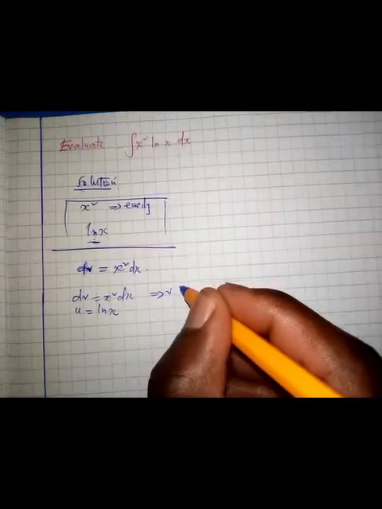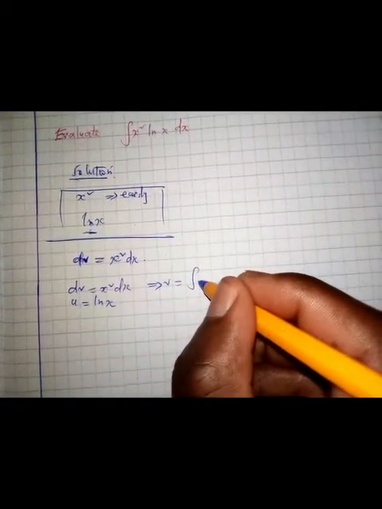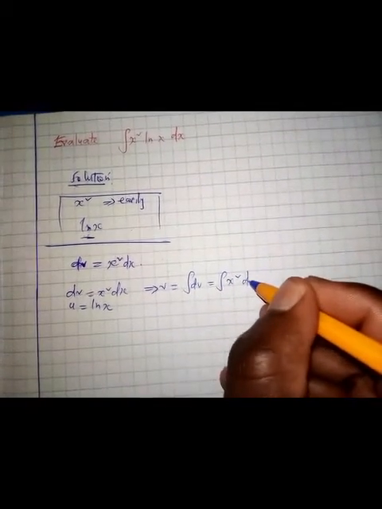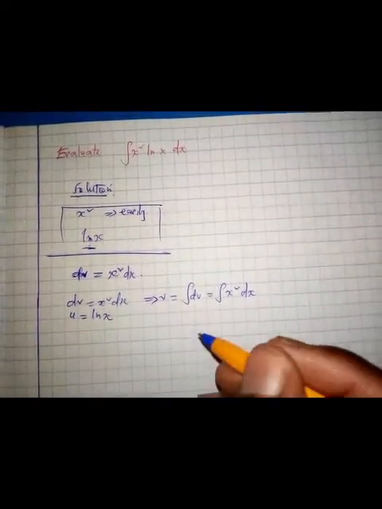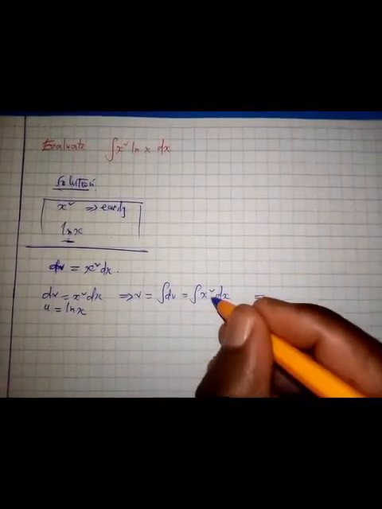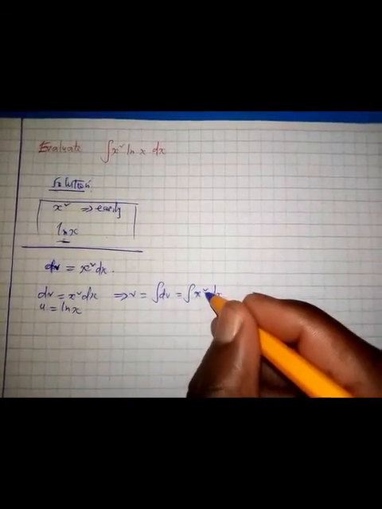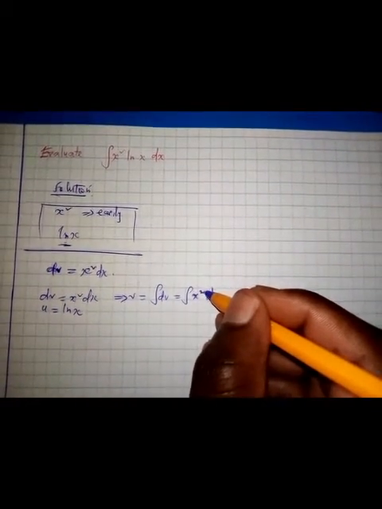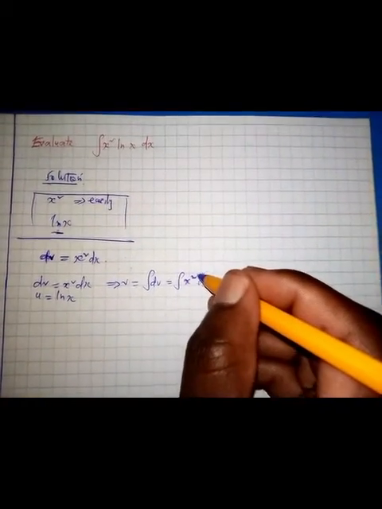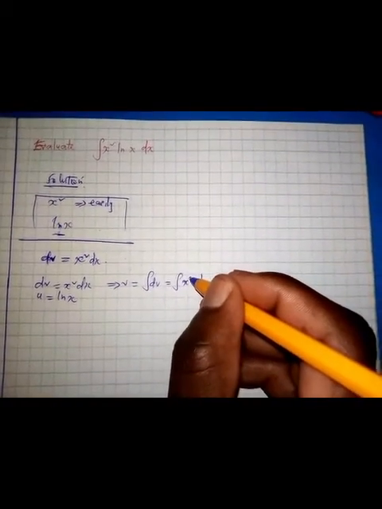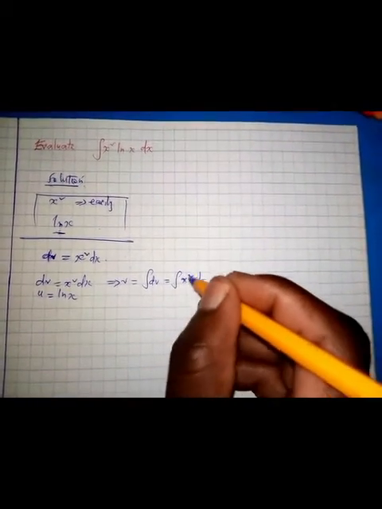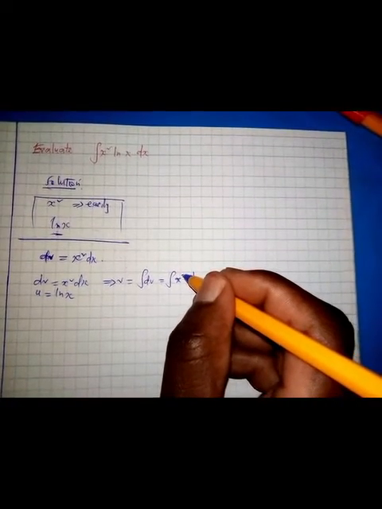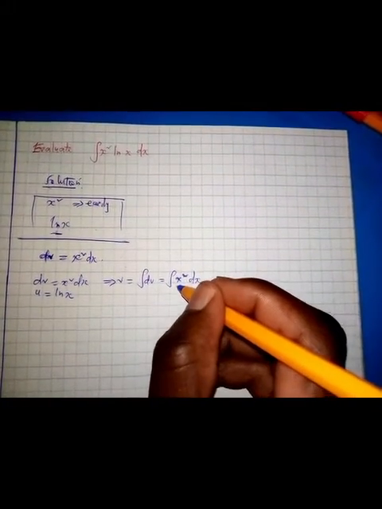So our v is equal to the integration of dv, which is the integration of x squared dx. When we integrate, we increase the power by 1, then we divide by the new power. Here x squared, we add 1 so that 2 plus 1 becomes 3, and then we divide by 3.